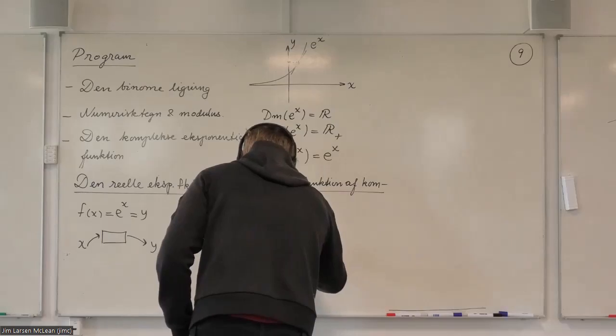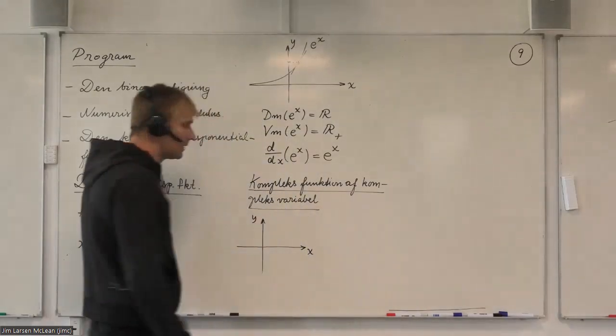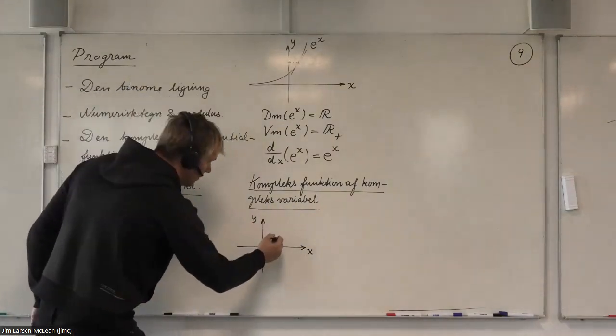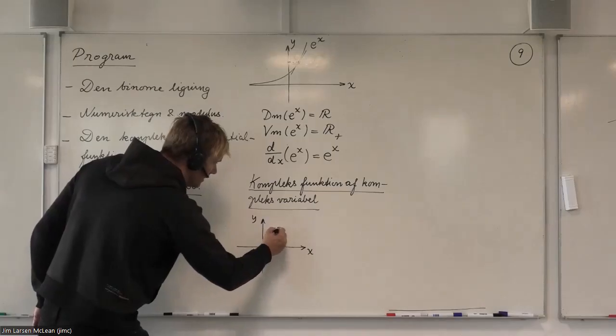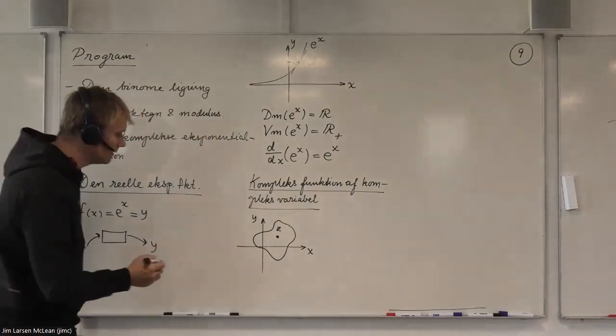We begin with a version of the complex plane where we have an x-axis and a y-axis. And here we choose our input. So it could be that I pick an input that lies here called z, and it's within some set over here, which is our domain.